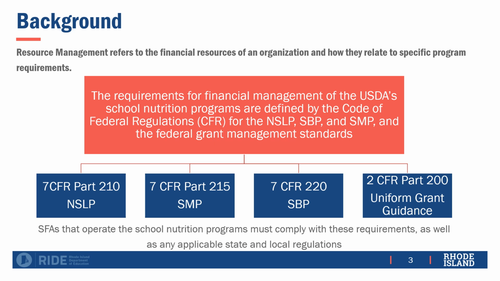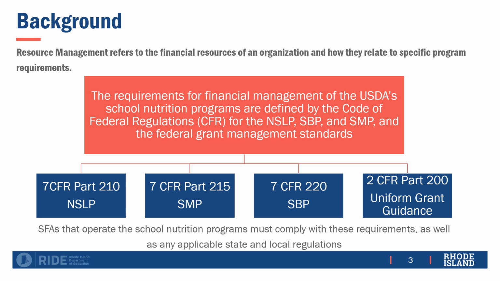As the administering agency for the federally funded child nutrition programs, RIDE is required to assess each SFA's compliance with these requirements through our monitoring and oversight activities. In some cases, this occurs through an administrative review and/or procurement review process, which generally occurs on a 5-year cycle.